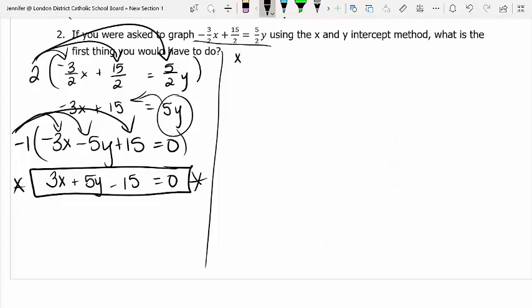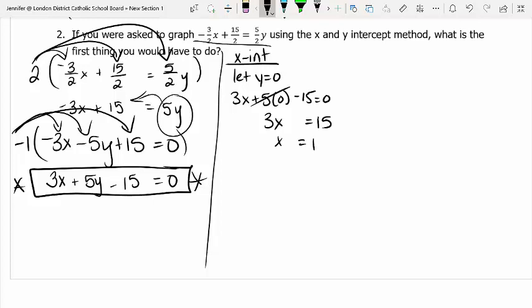So let's find our x-intercept first. So we let y equal 0. So our x-intercept is at 5 and 0.